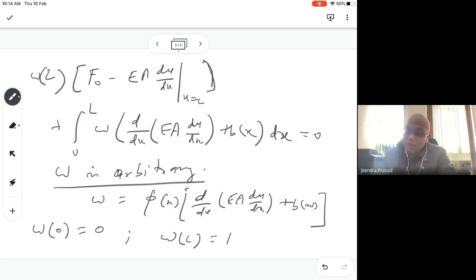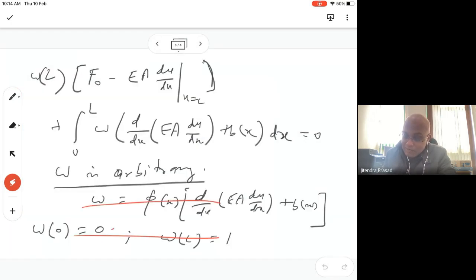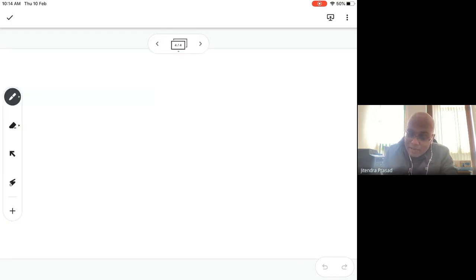Okay, now if you put this value here, then what happens? If you put these additional conditions, then we have WL equal to 1.